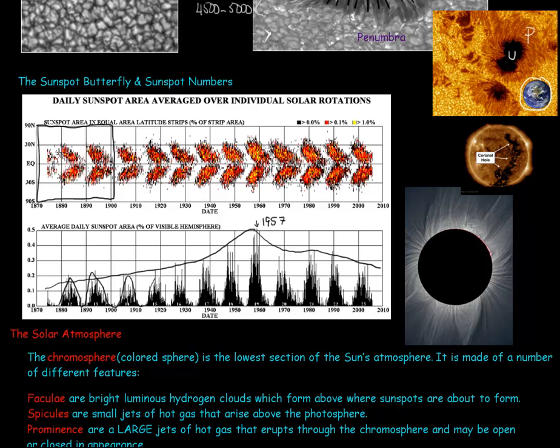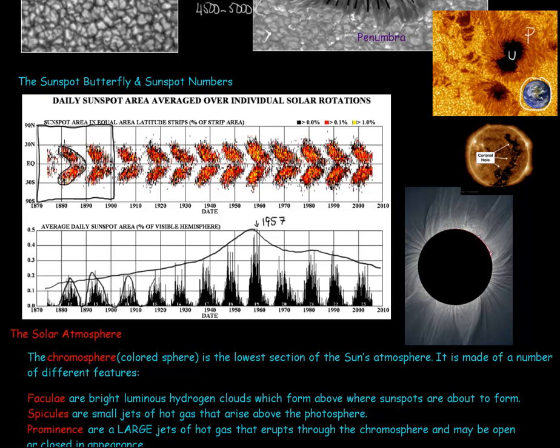But anyway, these sunspots get up a little higher, they go down a little lower, and they keep changing with time. So as they start appearing a little less than 30 degrees, then they get a little higher. This is what's called the sunspot butterfly.